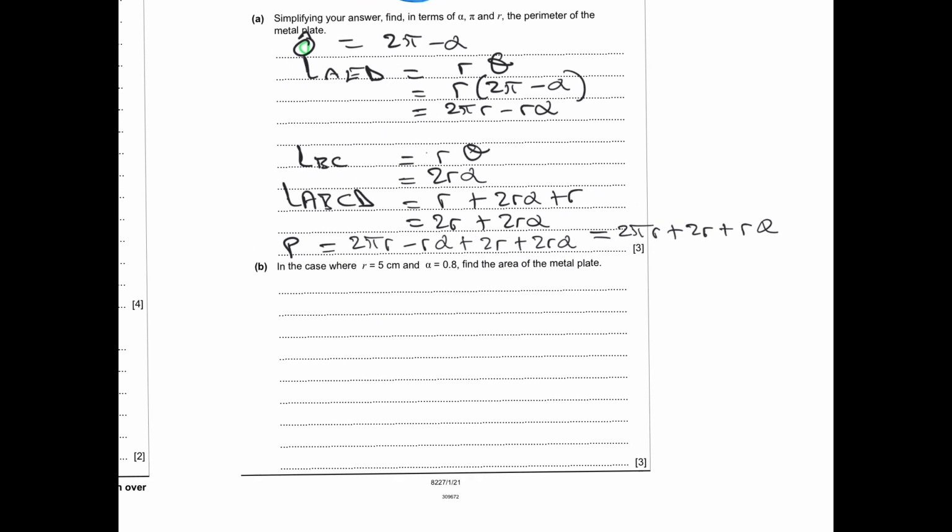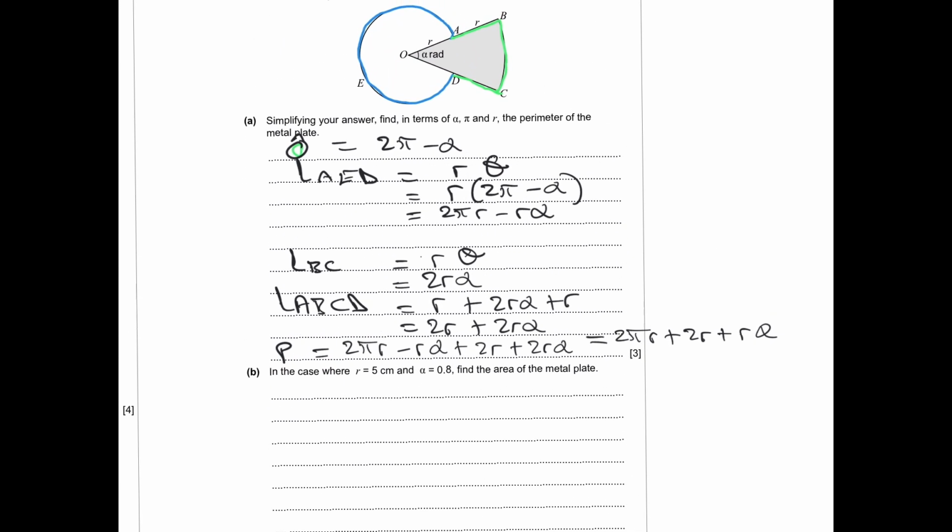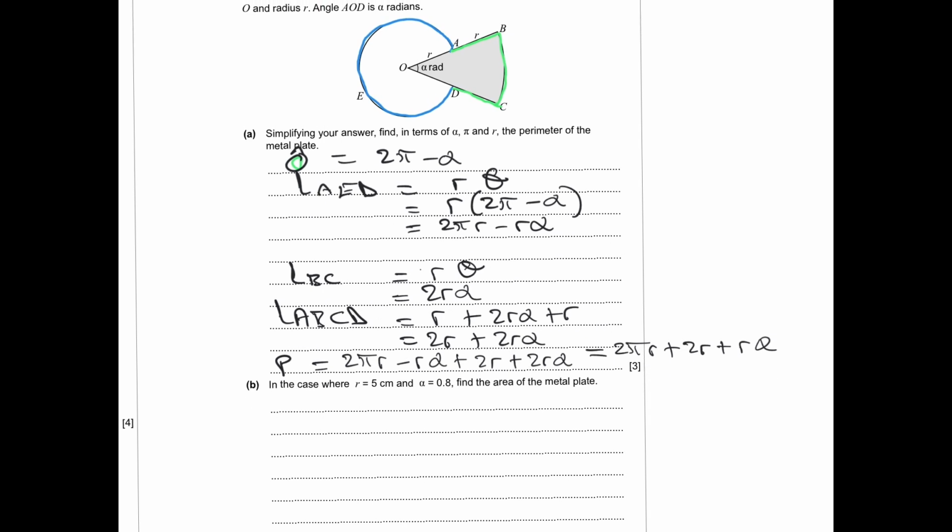Now, of course, going on to where they are saying in the case where r, the radius, is 5 centimeters and alpha is 0.8, that's in radians, find the area of the metal plate.